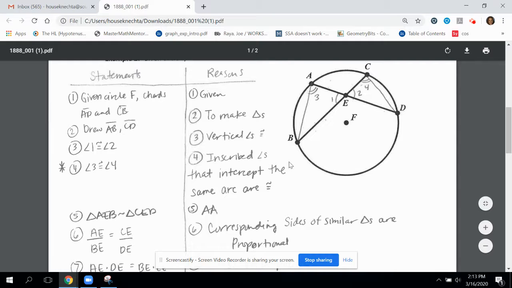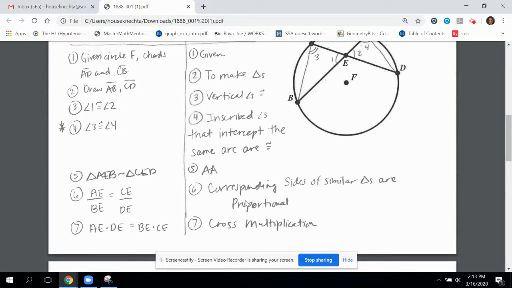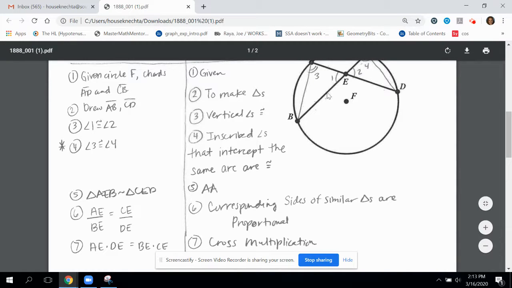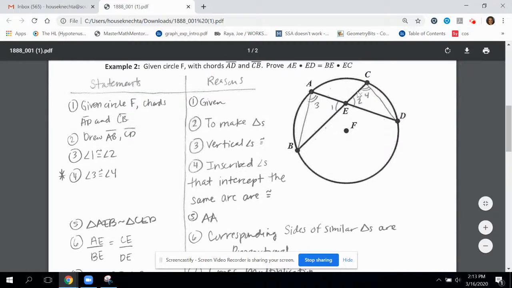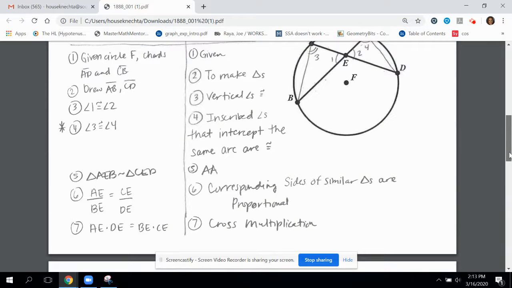This is a little bit new, but makes sense. 3 and 4 are now inscribed angles that share the same arc, so they are congruent. Angle similarity with the triangles, and we're bringing this back, corresponding sides of similar triangles being proportional. So I chose AE compares to BE, the same way that CE compares to DE, and then cross multiplied.